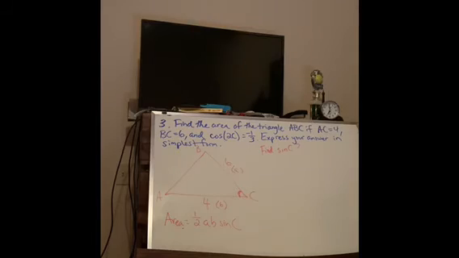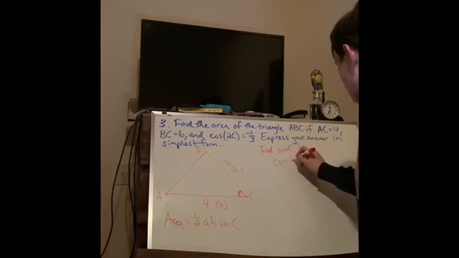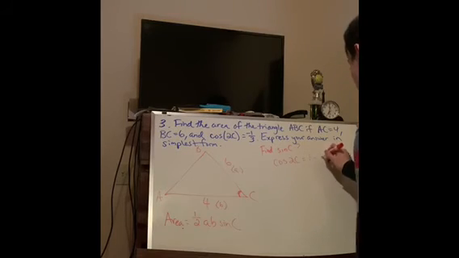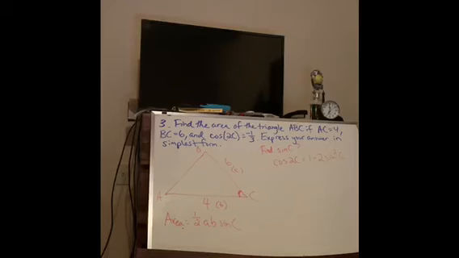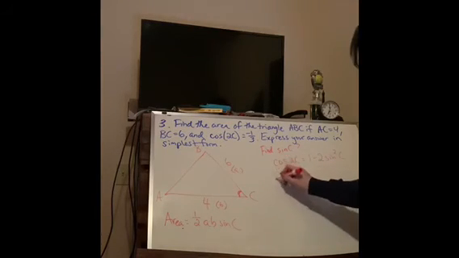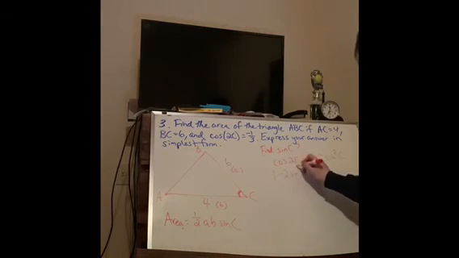So we can use a double angle identity. We know that cosine of 2C is equal to 1 minus 2 sine squared C. That is an equivalent form. There's actually two others, but this is the one that only includes sine. So 1 minus 2 sine squared C is equal to negative 1/3.